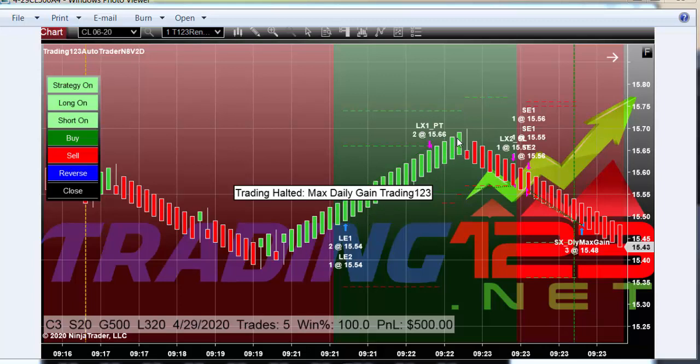If the trend's going, say, 20 ticks, I want about 70% of that, so just figure 12, 14, and we hit it on the nose. We get some profits, the trend changes, the trail stop gets us out of the last one, and then it sells off, and we hit our goal for some nice gains.